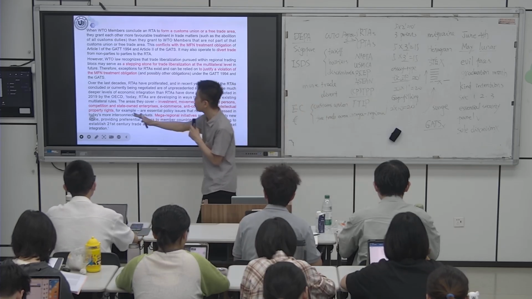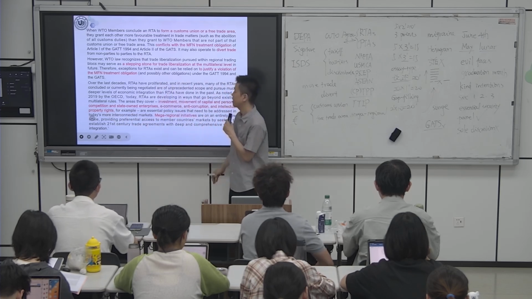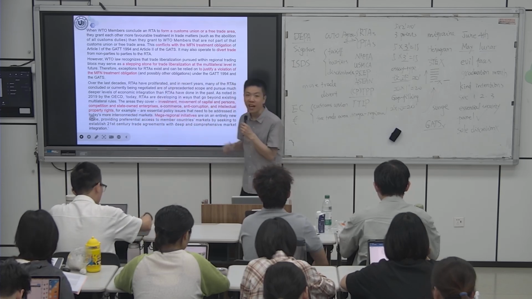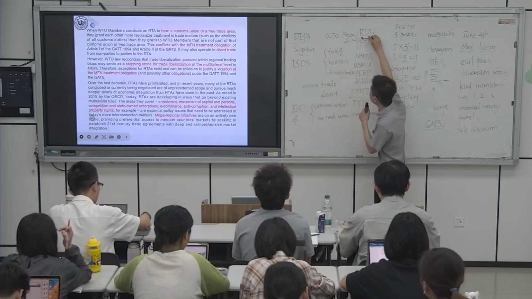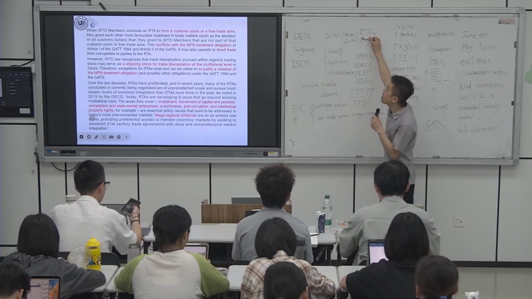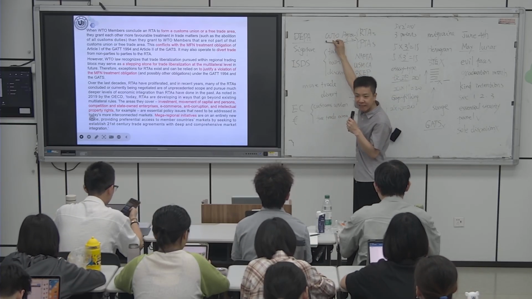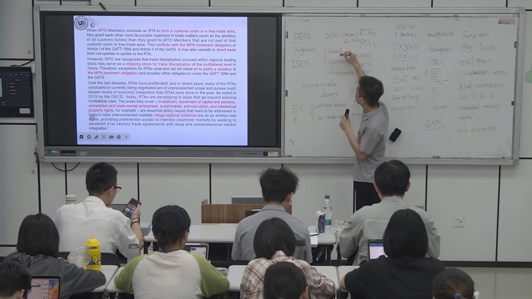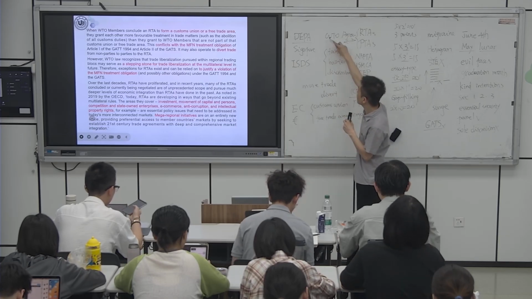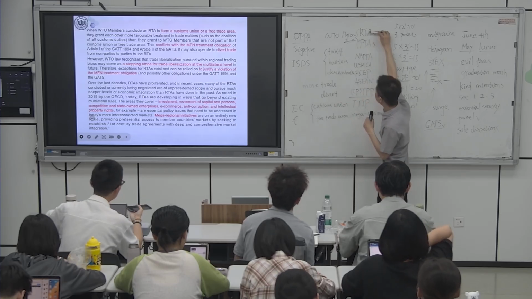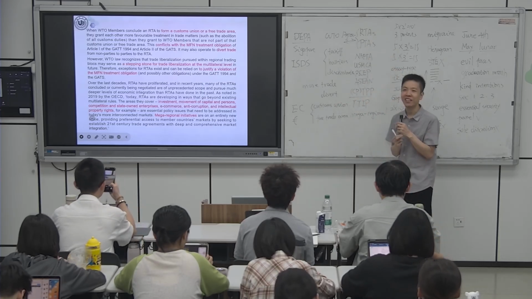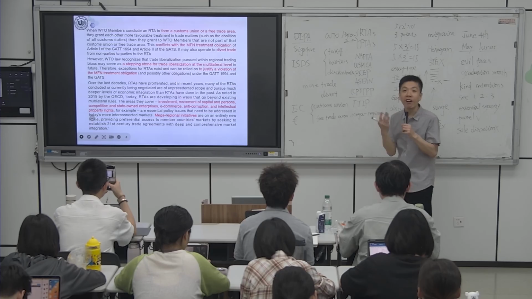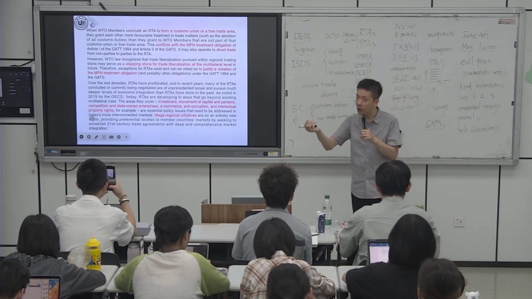And intellectual property rights. All these issues are covered by RTAs, while not covered by the WTO agreement. In WTO agreement, there's no. Only in these. So, all in all, we are learning international economic rules, right?